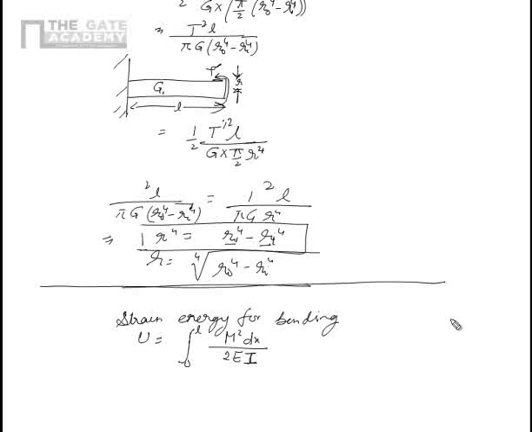If it is constant over the length, then this integration can be done very easily. This is the formula for pure moment, if M equals constant, which normally is not the case.